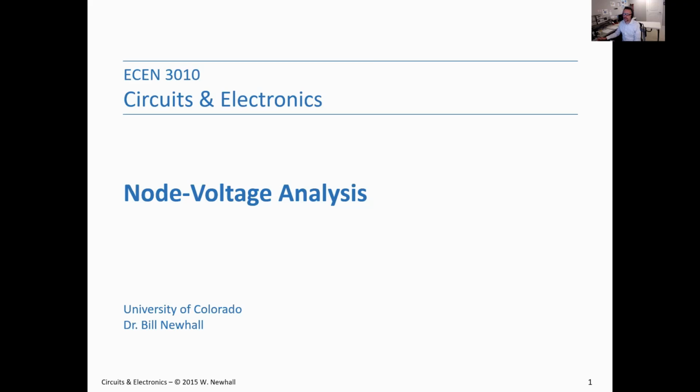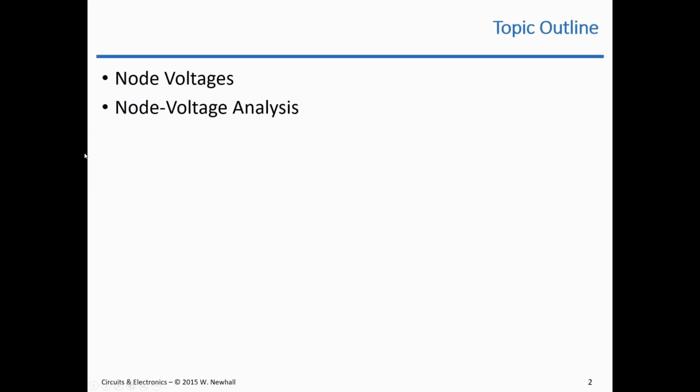One, it covers what node voltages are, and it also covers a systematic way to calculate voltages throughout a circuit that has resistors and sources, dependent or independent. So let's walk through this.